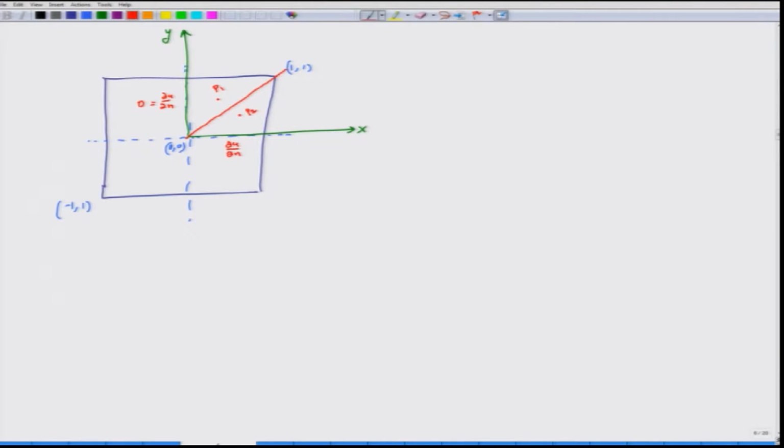F naught is constant across the whole plate, and because it is constant, the value of F naught at point P1 and at point P2 is same. So, it is symmetric also along this plane, right.